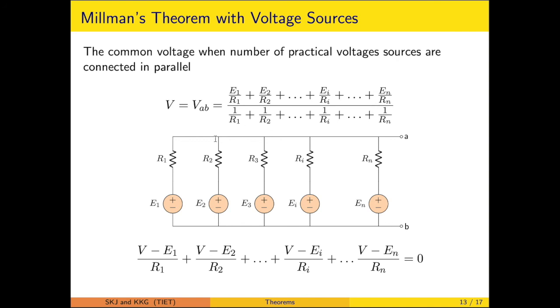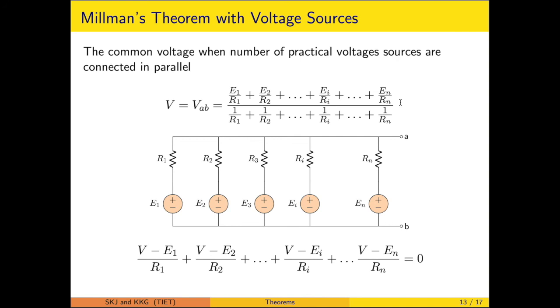Now, when this is resulted, you can simply say that E1 upon R1 represents the injected current into the bus. E2 upon R2, or similarly Ei upon Ri, will be the injected current into the bus. So here I1, I2, I3 etc., we can keep on expanding the terms of the numerator.